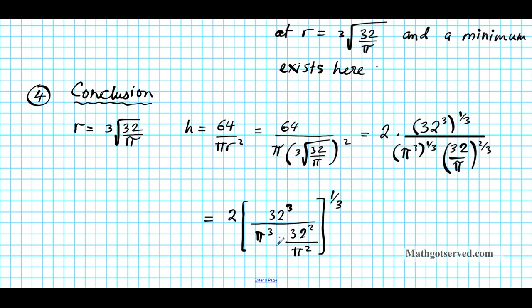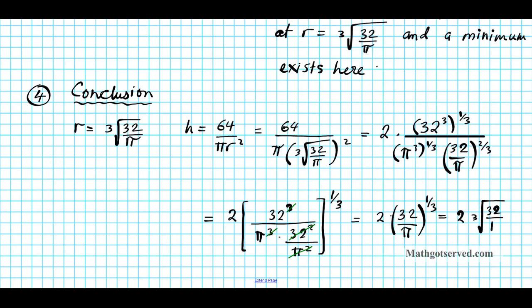So what happens with this setup? This pi squared cancels with that, and this 32 squared just takes out one of these powers right here. What are we left with? We're left with 2 times 32 over pi raised to the 1/3, which is equal to 2 times the cube root of 32 over pi.